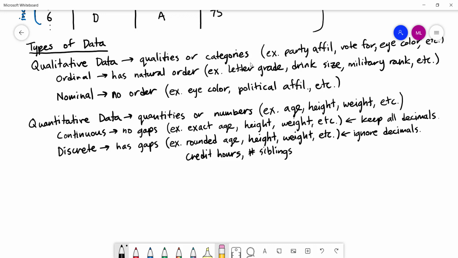There's still gaps, even though they're not whole number gaps anymore. So number of siblings, credit hours, how many doors are on your car, etc. Those are all examples of things that can only be considered discrete. There's no way to include extra decimals on these and treat them as though they were continuous. So that is the idea here. That pretty much sums up everything we need.